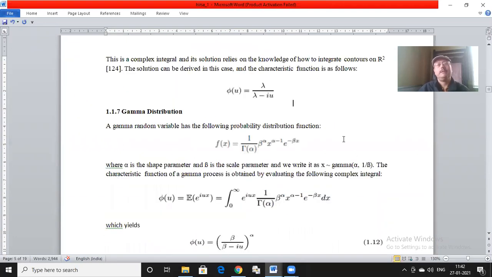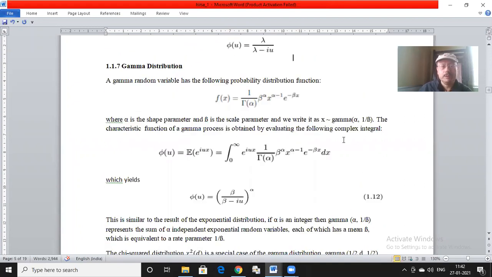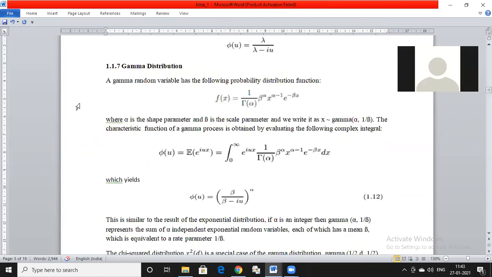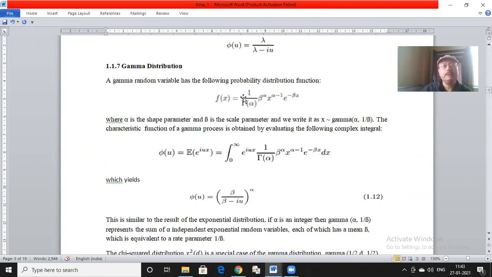So now if I try to generalize this to the gamma distribution, you do know that gamma is a generalization, right? Exponential is a special case of gamma. That must be known, correct? Yes, sir. So the gamma random variable with this PDF with parameters beta and alpha, where alpha is shape, beta is scale, etc. So phi u, the definition will be this.